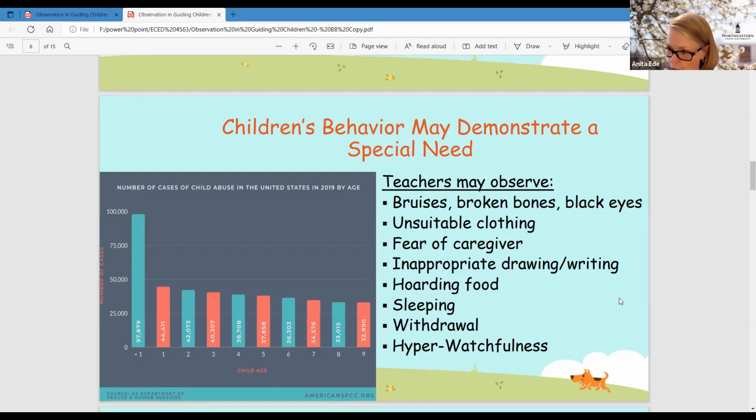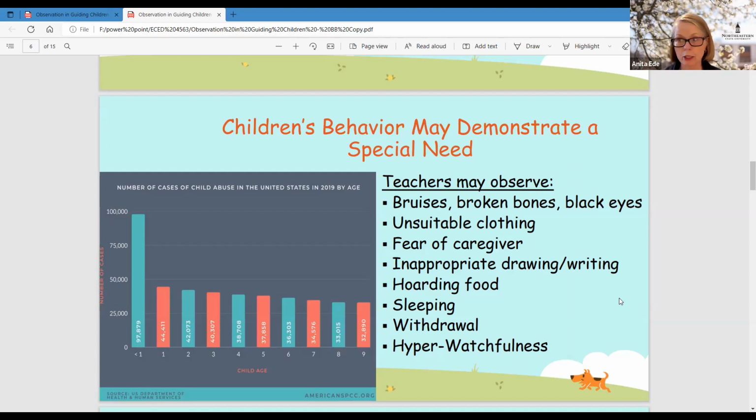If you observe that, you need to look at the whole picture, see what else is going on with the child, and then report it to the appropriate authority for your particular school. Every school is going to have an authority whose guidelines you have to follow, and that person will be responsible for reporting.